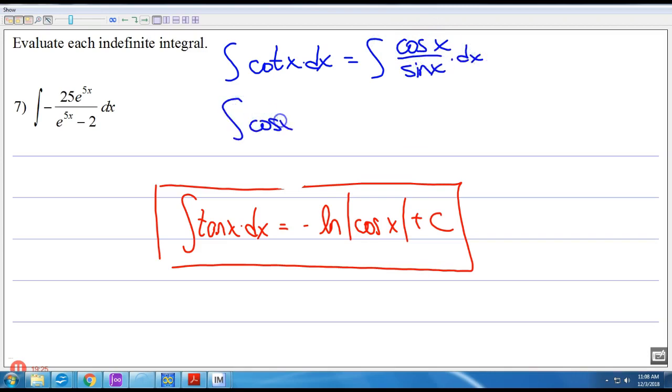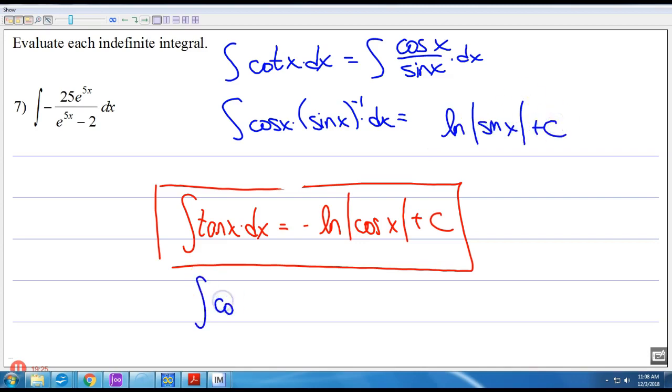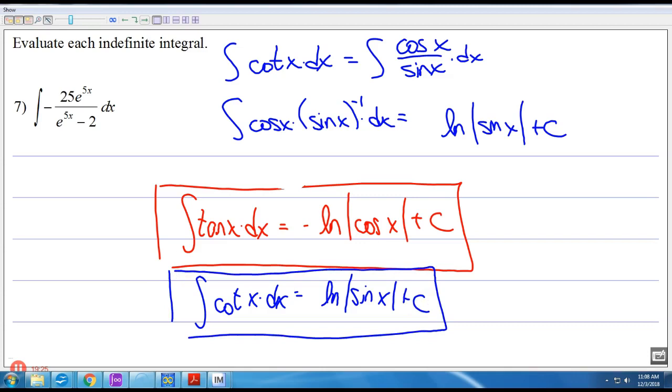Which would be cosine of sine to the negative first. And then you're just playing with your positives and negatives. This one comes out where it doesn't have to be negative at the end. Because the big guy, what's the derivative of positive sine? It's positive cos, so we're all set. We don't have to adjust anything. So it's just the natural log of sine of x plus c. So that's another one. Add this to your list of things that you have to know. And again, I don't care if you memorize it or just work it out really quickly when you get the test, but you have to be able to give me that answer if I ask that question.